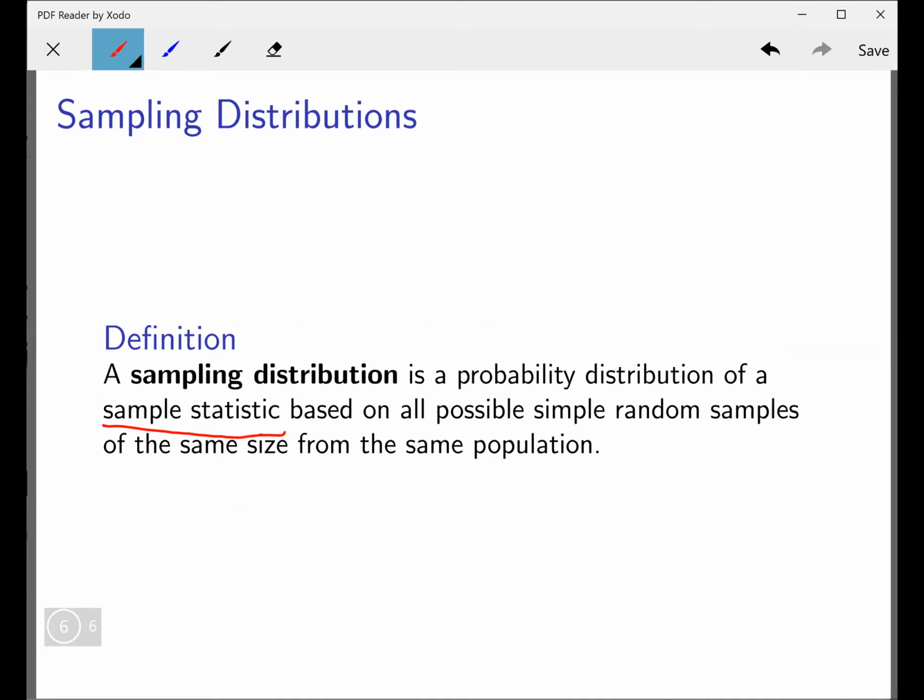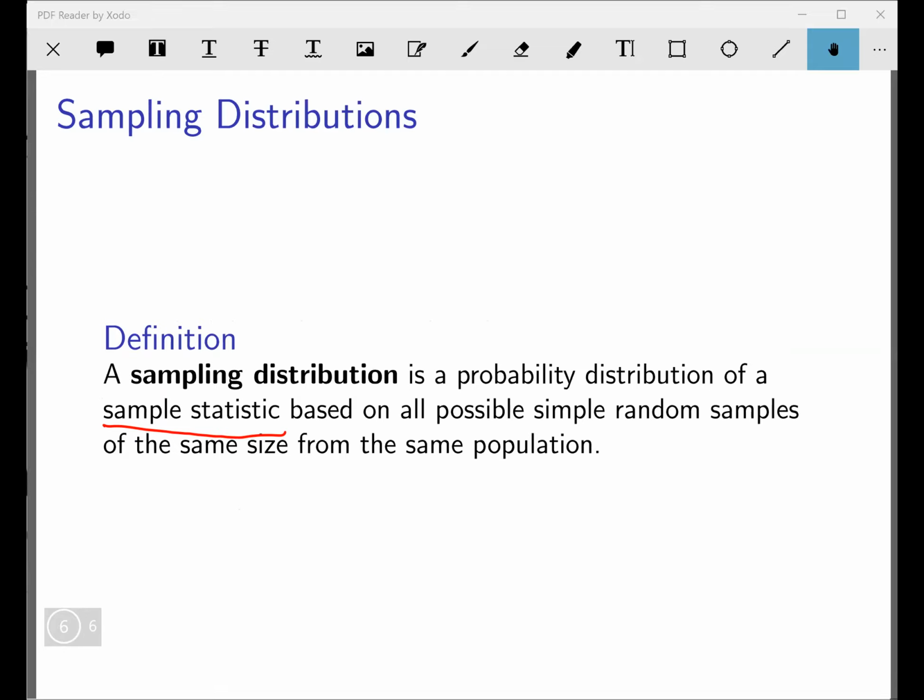So what does that mean? Well, you're going to see what that means through a little example that we're going to do with dice. The sampling distribution is the distribution of the statistic, not the actual distribution. So let's give us an example so we can show you what I mean.